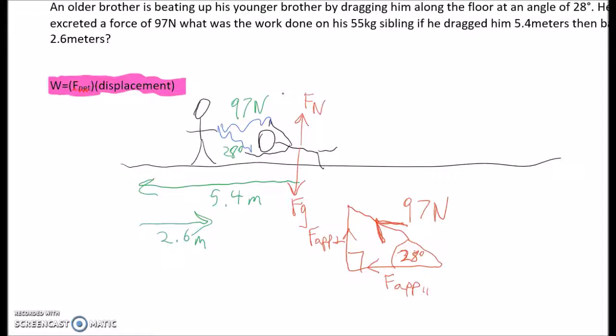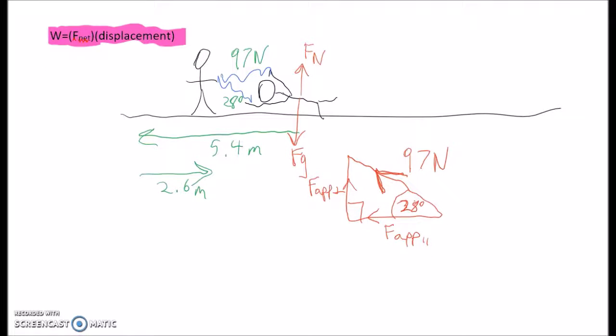Okay, so the perpendicular direction, so let's look at our F net, because that's what we need to get first. Our F net perpendicular is equal to, is he accelerating up and down? So in terms of MA, the acceleration in the perpendicular direction is 0. We want to look at our forces, Fg minus Fn minus F applied perpendicular.